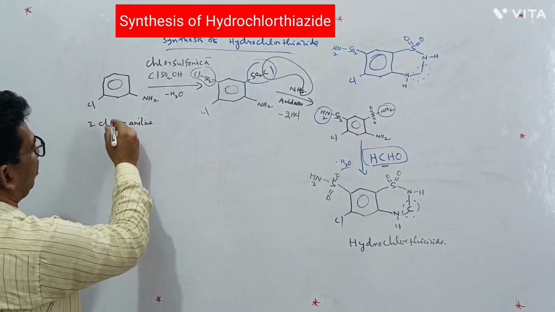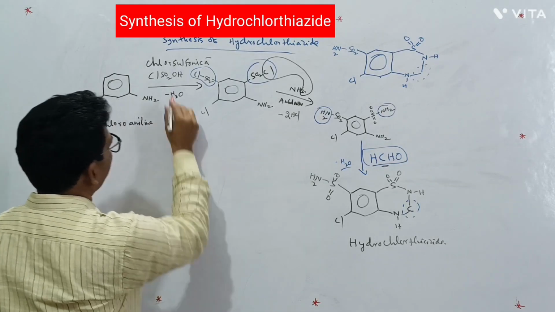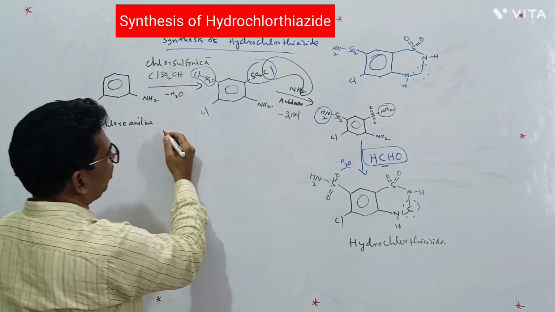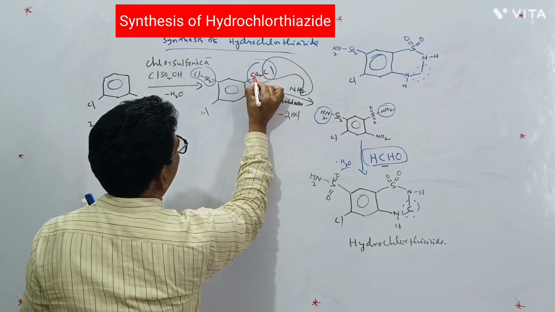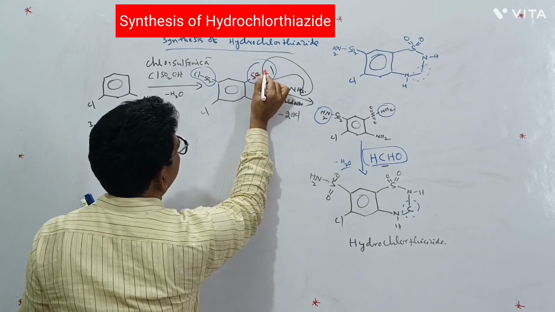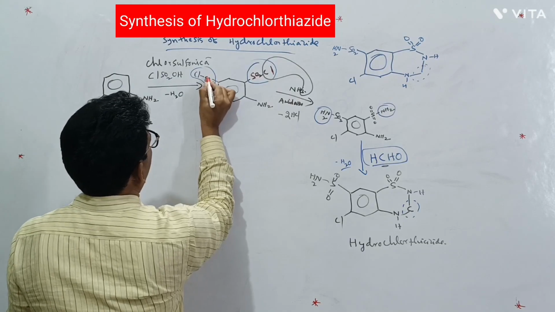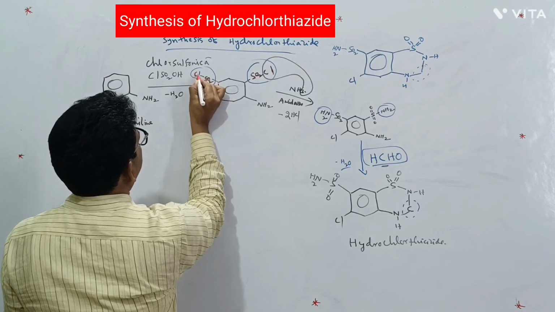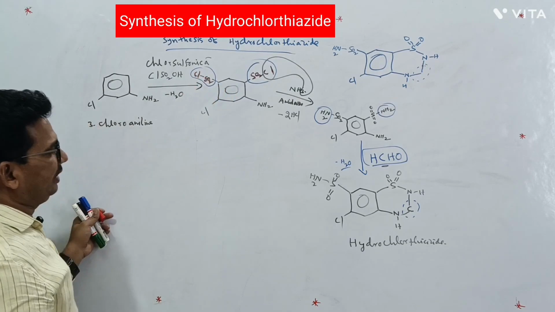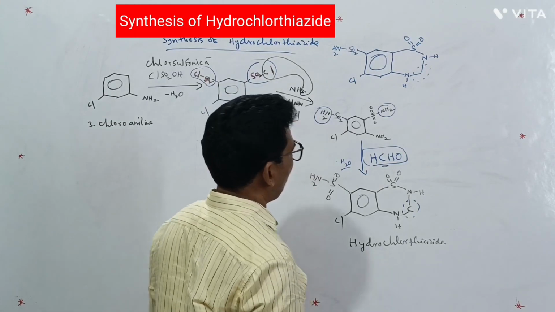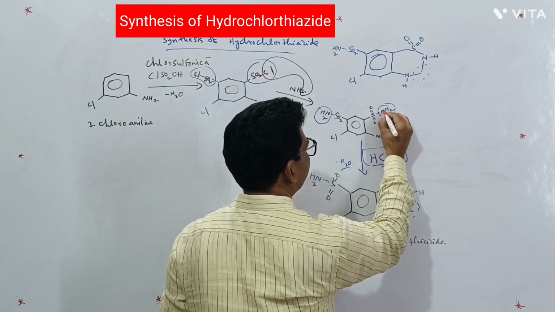Initially 3-chloroaniline required. It reacts with the chlorsulphonic acid to introduce what? Sulfonyl chloride groups, that is SO2Cl. Here one and here one, SO2Cl, sulfonyl chloride. Then it undergoes the amidation by relieving the water. Then what will be introduced?